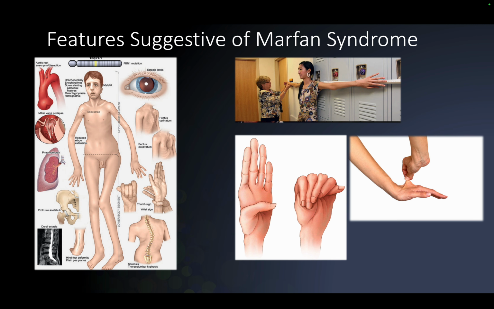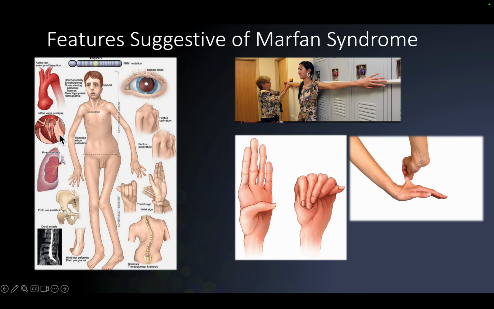Very first thing, we need to start with the skeletal features of Marfan syndrome, and in this diagram you can see the most important things depicted on the top, and this is a genetic association of an FBN1 gene mutation. The most important parameters of Marfan are dilatation of the aortic root and ectopia lentis.